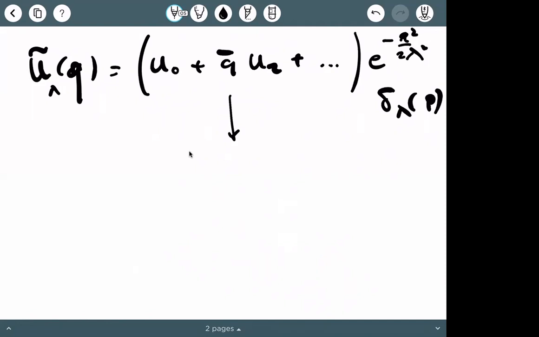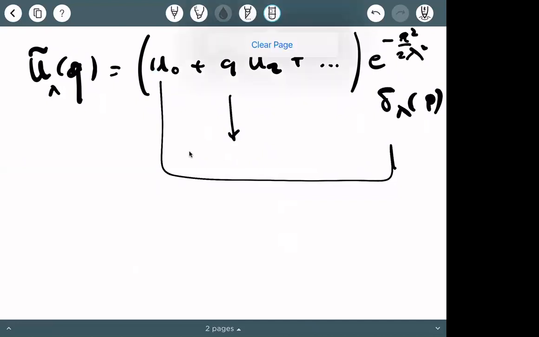So the Fourier transform of a delta function, let's look at the first one. The Fourier transform of the first one is the Fourier transform of a constant plus a delta plus a cutoff at very, very large scales.